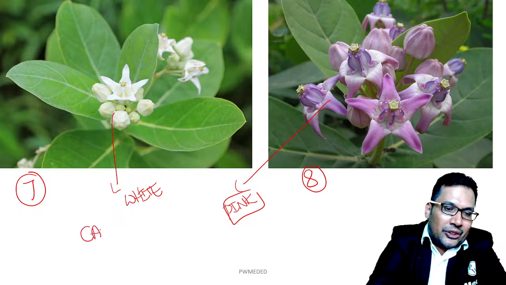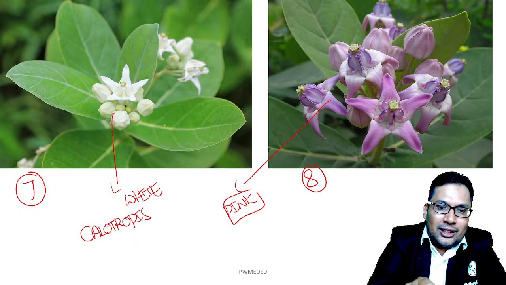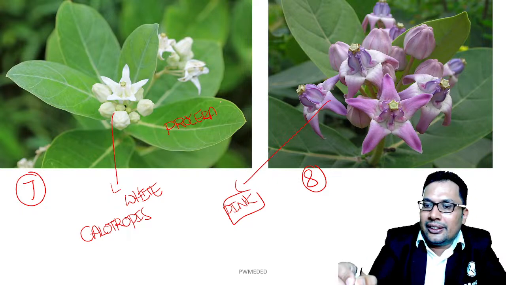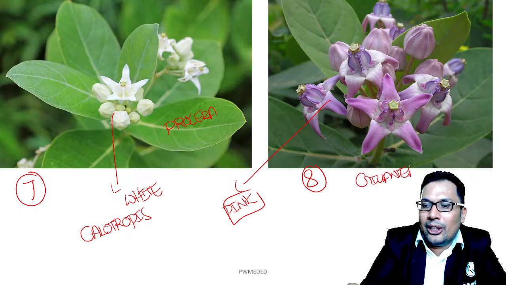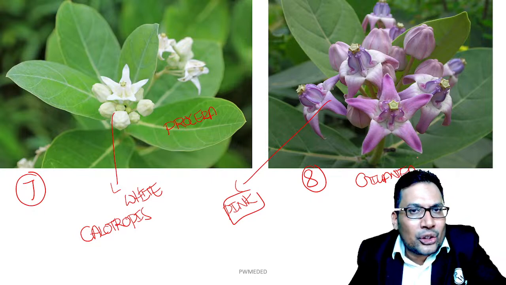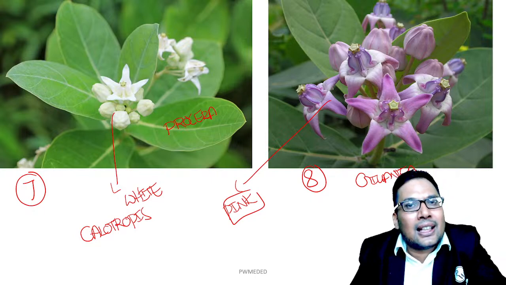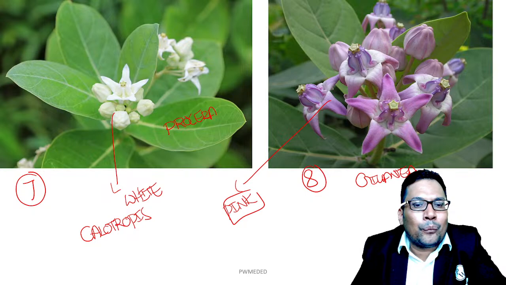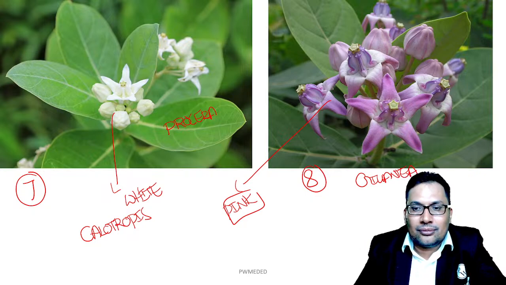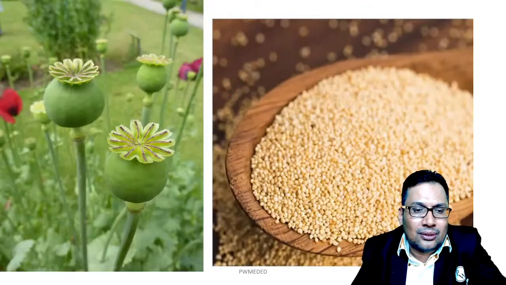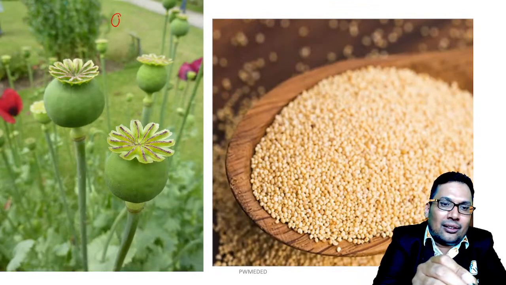It is the Calotropis. Calotropis procera, and this is the gigantea. What is the medico-legal importance? Used in abortion, infanticide, feticide. Okay, Calotropis. Artificial bruise also.